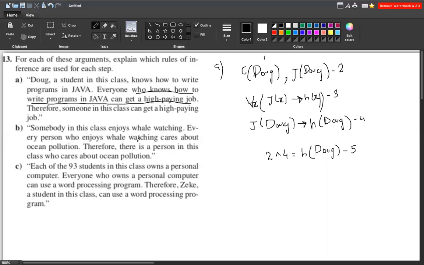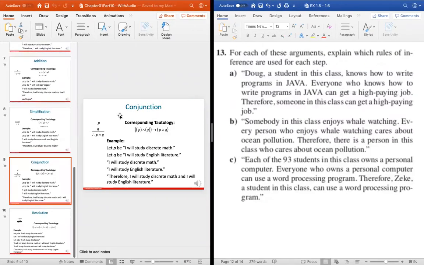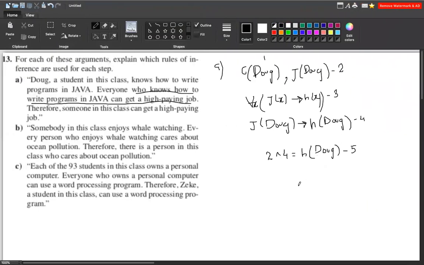So now we have to use the rule of conjunction, right? We have P, Q, and then we can just put an and between those according to this conjunction. So we have this number 5 here, and then we add number 1. Then we apply the rule of conjunction here, 5 and 1.